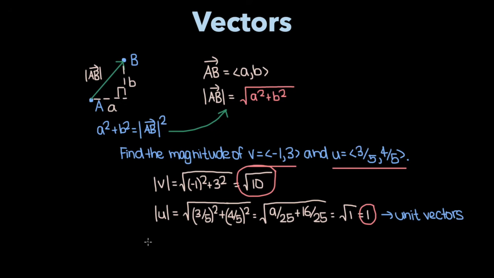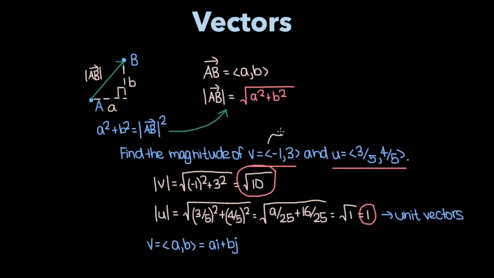One notational thing that I wanted to touch on before we move on is that you'll often see vectors written in component form, a comma b, like we've gone over so far in this video, but at the same time, you might see that vector written as ai plus bj. And so these are exactly the same thing.